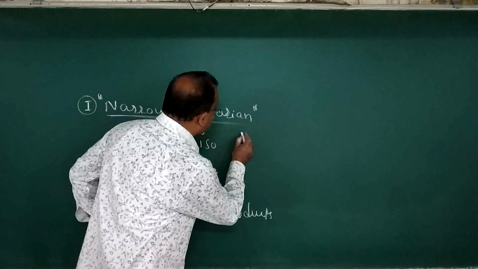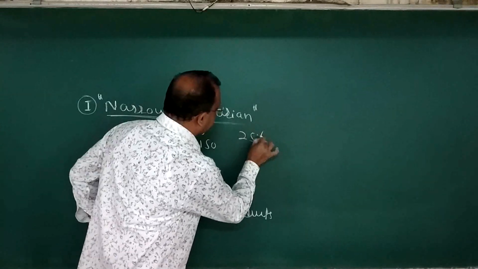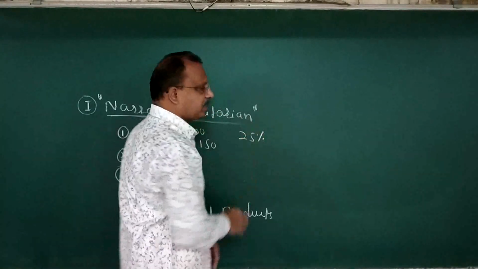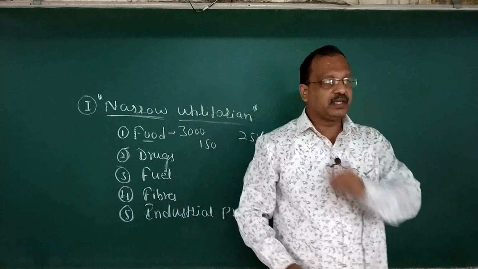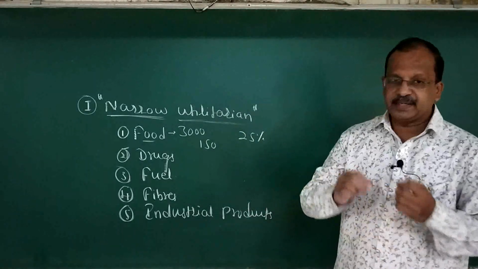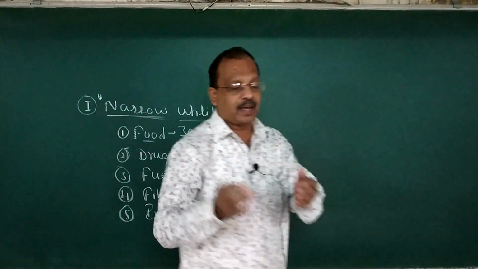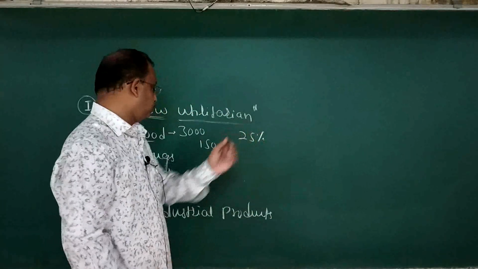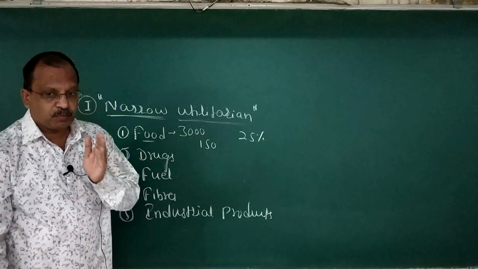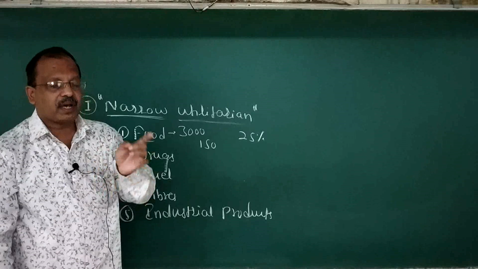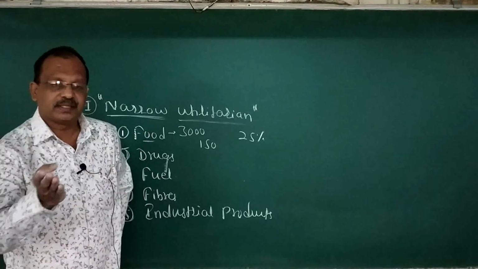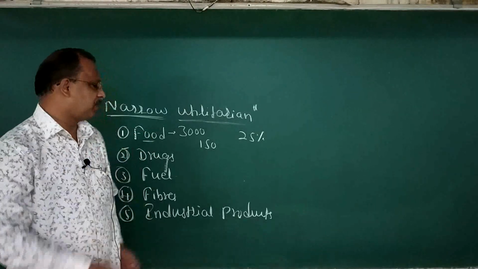Around 25% of the drugs which are sold in the market are directly derived from the plants.